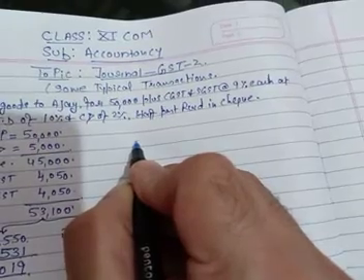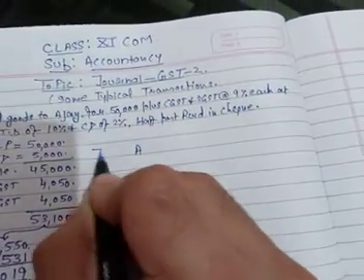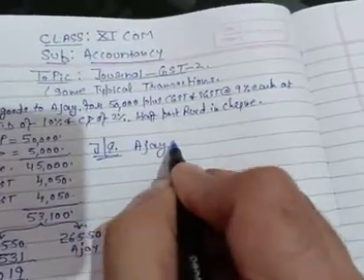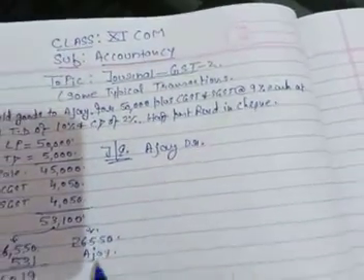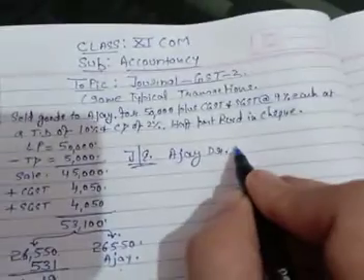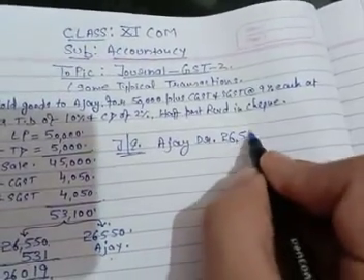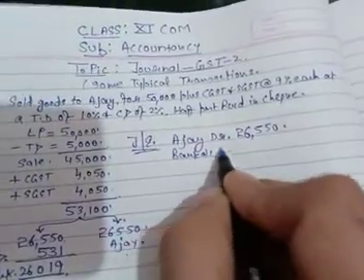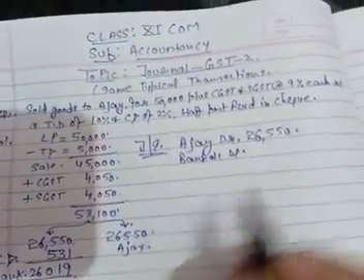So our journal entry will be, first of all, the journal entry for the credit part: Ajay debit 26,550. Bank account debit 26,019.